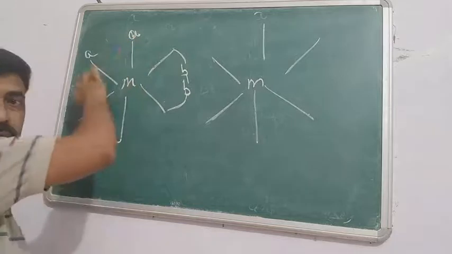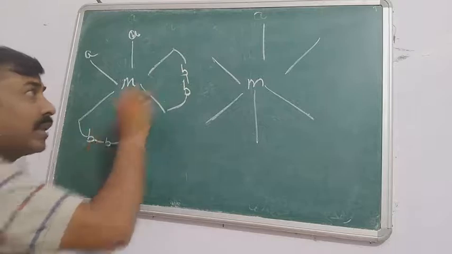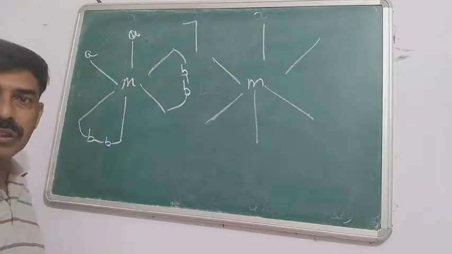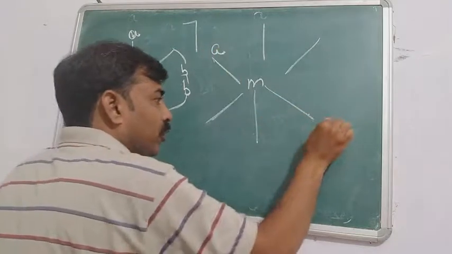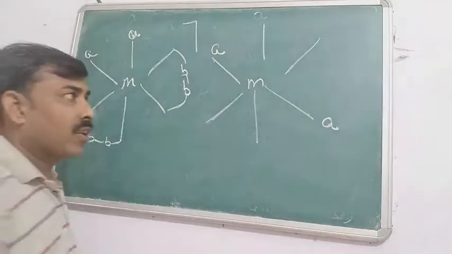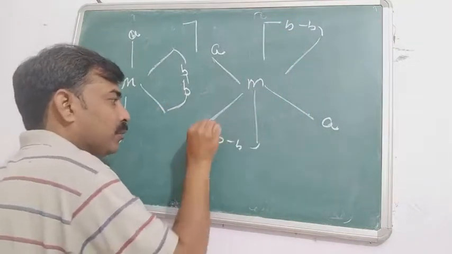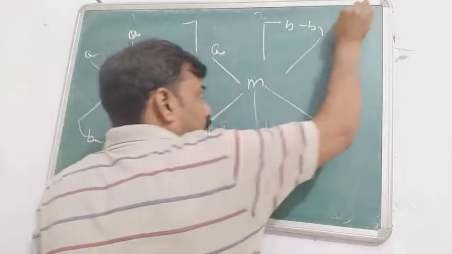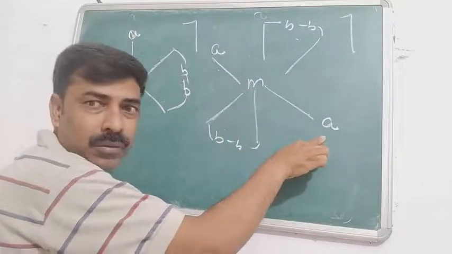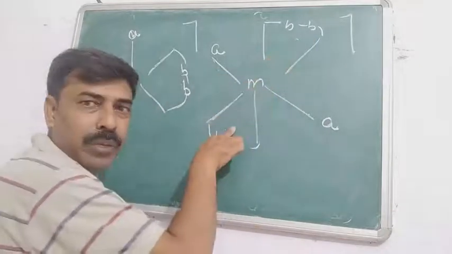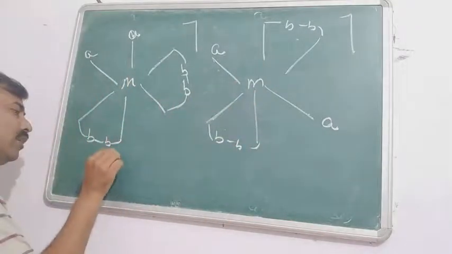You can see that the A's are adjacent to each other and the BB's are adjacent to each other, and this condition is called the cis condition. But when A is just opposite to A, and this is the BB, and the other BB, this condition is called the trans condition, away from each other. The A is away from the next A, and BB is away from the next BB. So this is the trans condition and this one is the cis condition.